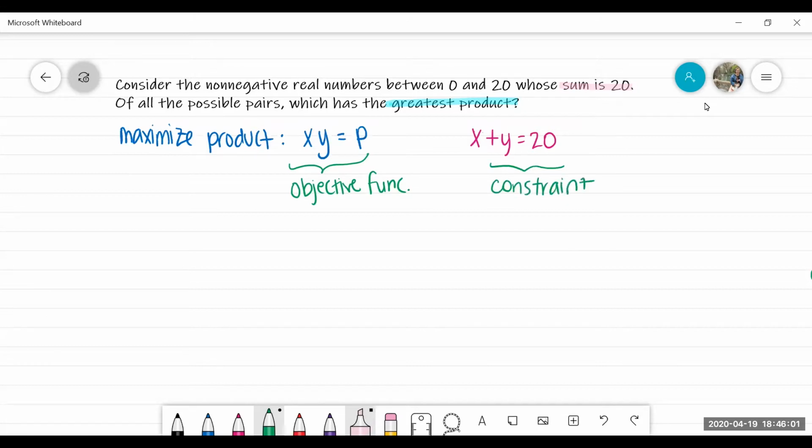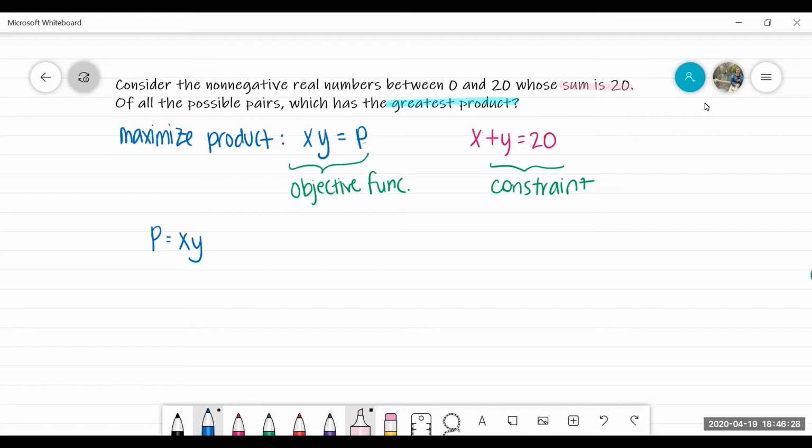So the job of this constraint here is to help us better understand the objective function. So if you remember, we're trying to use calculus to do this. So a lot of times what we end up doing is we end up taking a derivative. Well, as it stands, if we were to take the derivative of p is equal to xy, we'd have to use implicit differentiation, right? And we would have to know the rate at which one variable changes with respect to the other, right?